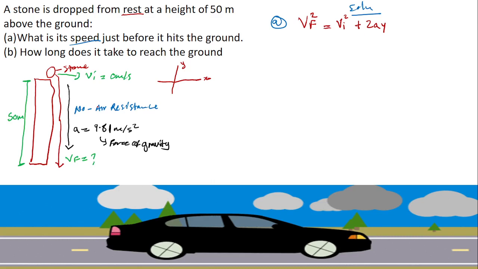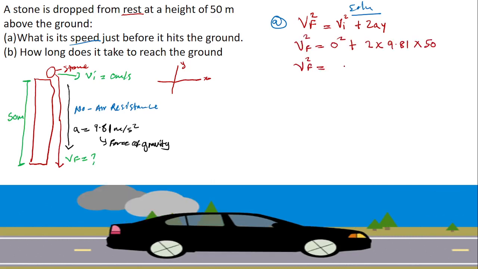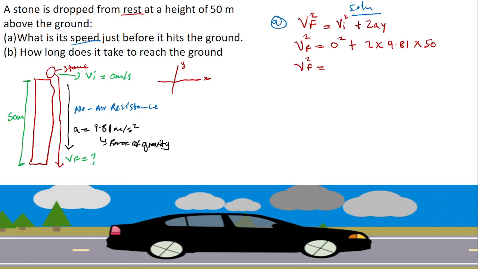I'm sure you guys can easily work that out. Can someone multiply everything there? What are you having when you multiply? 98.1.